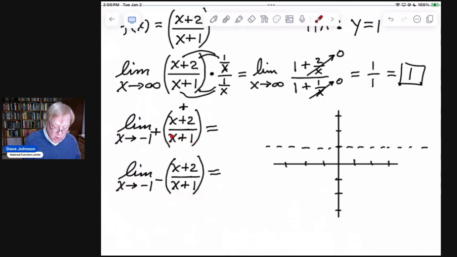So x plus 1 is going to be greater than 0 as long as you're approaching -1 from the right. And so we're going to get a plus down here. And so what's going to happen is you're approaching infinity because the x plus 1 is getting closer and closer to 0. But because it's positive divided by positive, you're going to get a positive infinity. So we have a vertical asymptote at -1.